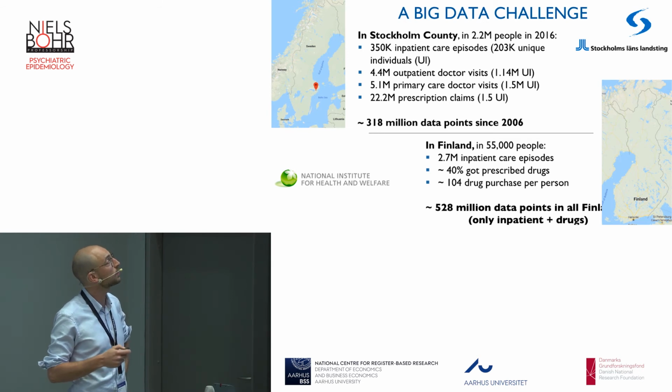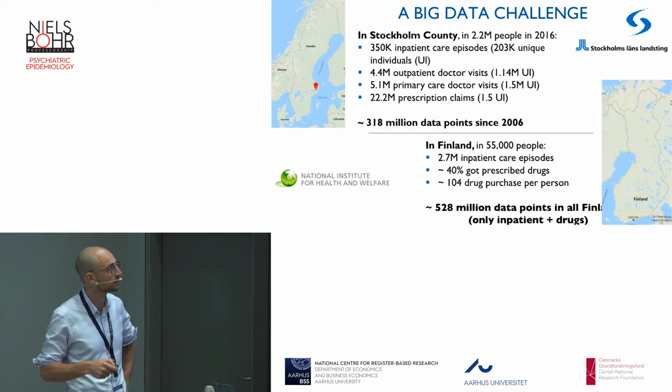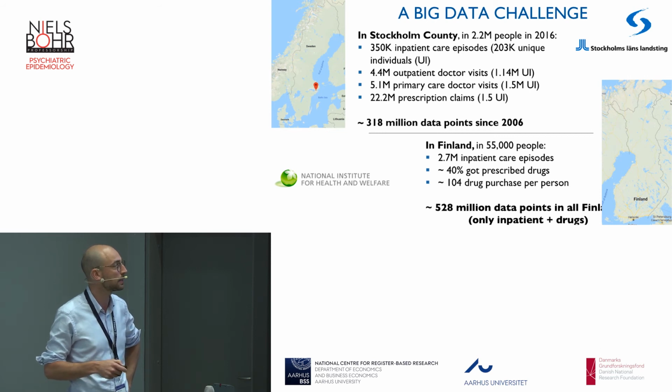For example, just some extrapolation. This is a Stockholm County database from 2006. If you put together all the data, we have around 380 million data points. In Finland, we're now expanding FinnGen to 500,000 people, but if you expand this 55,000 to the entire Finland, you will have around 528 million data points, only if you include the inpatient and drug registry.